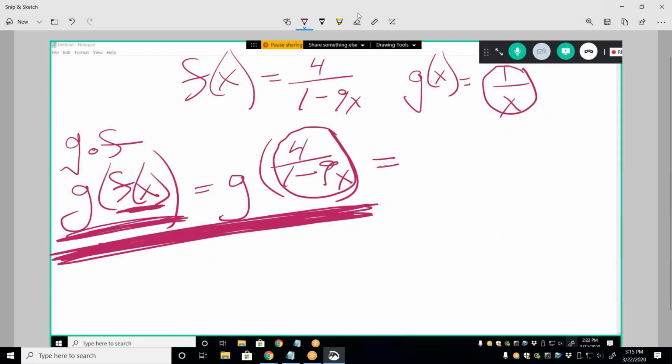You're going to substitute that for x in the g function. So what's that equal to? 1 over 4 over 1 minus 9x.